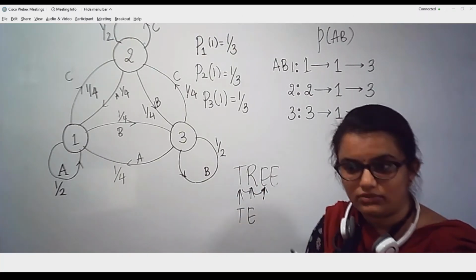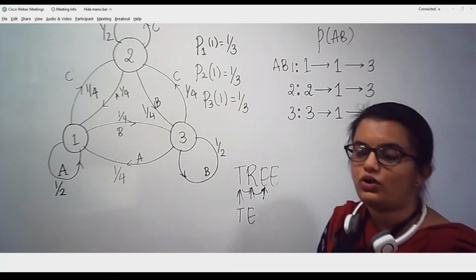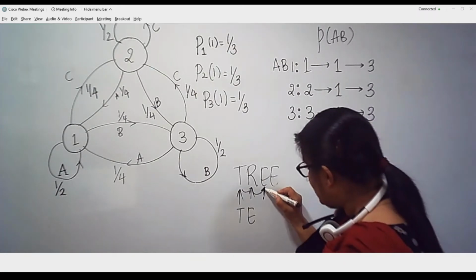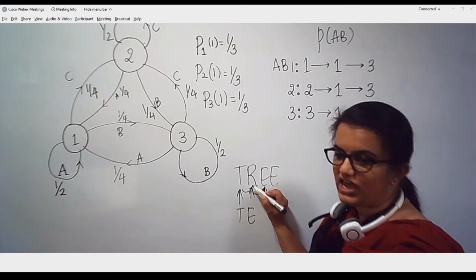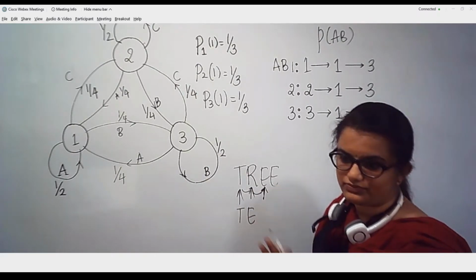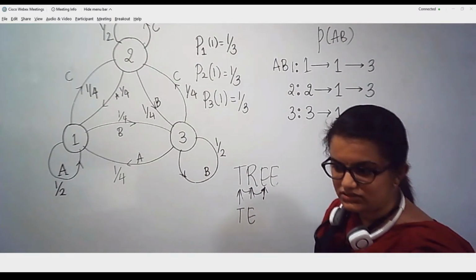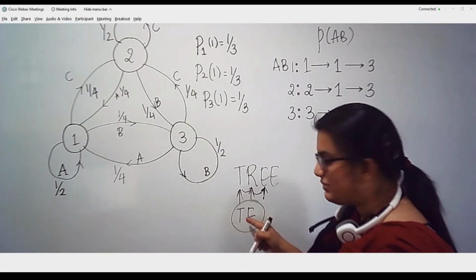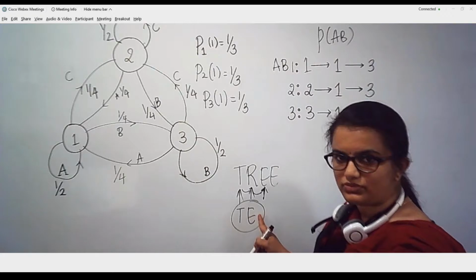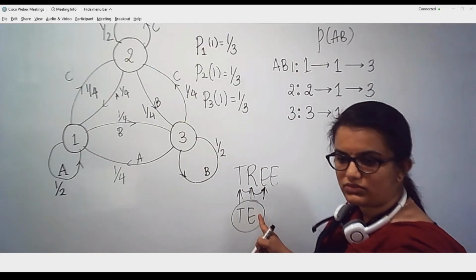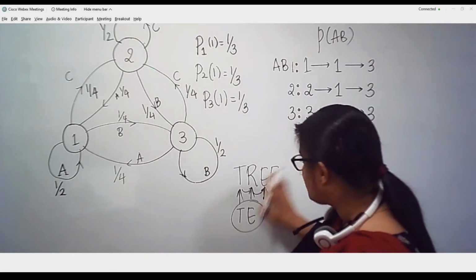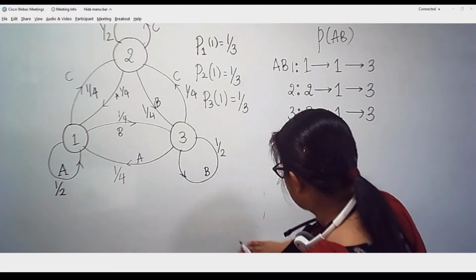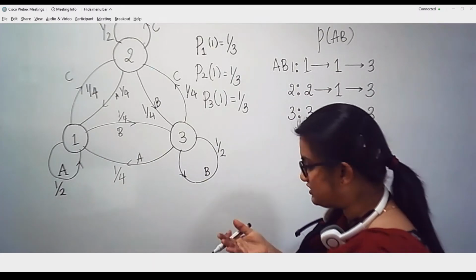There is only one symbol memory. E can only depend on R. E cannot depend on T. Did you get this? In that case, your message will not be tree, it will be TE. Please say yes or no. If you are not understanding, I can explain it again.